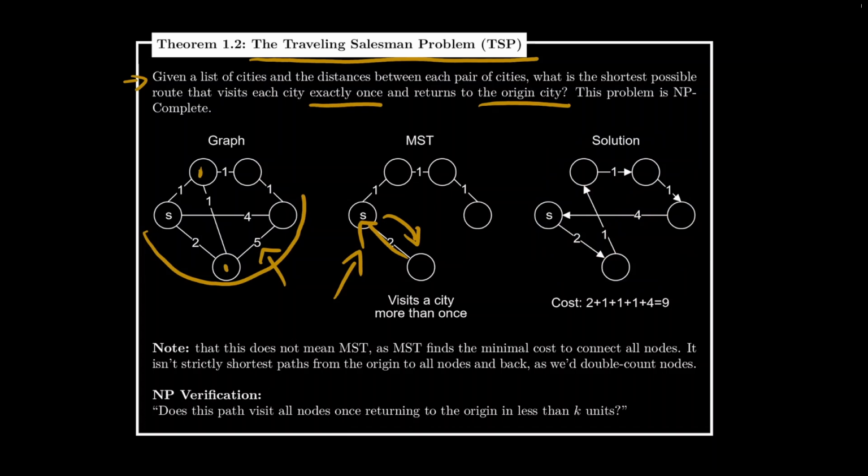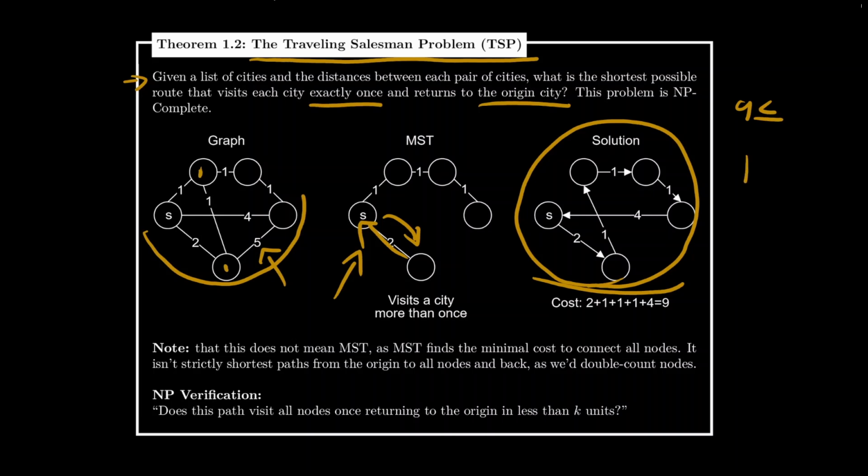This is verifiable, so this is NP. If we are given a solution, we could just run the solution, but how do we verify it? Well, we can write an algorithm that asks: does this solution have a cost that is less than or equal to 9, or less than or equal to k?